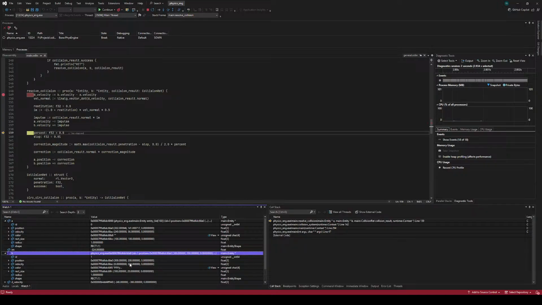That is a lot for B. Oh, it's just... okay. Oh, so it's being pushed down.